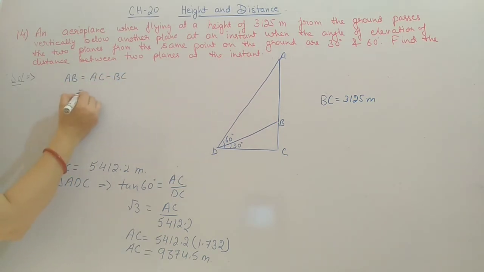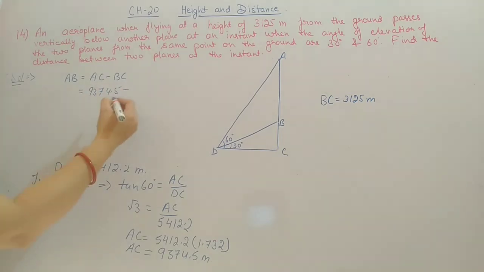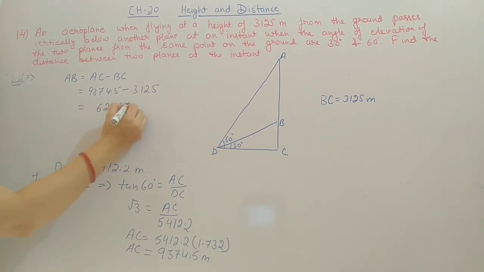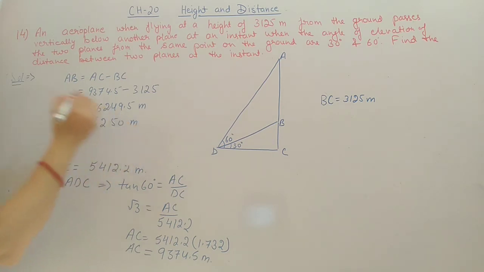AC value is 9374.5 and BC is 3125. Do the subtraction. 6249.5 meter. And if we round it off, we will get 6250 meter.